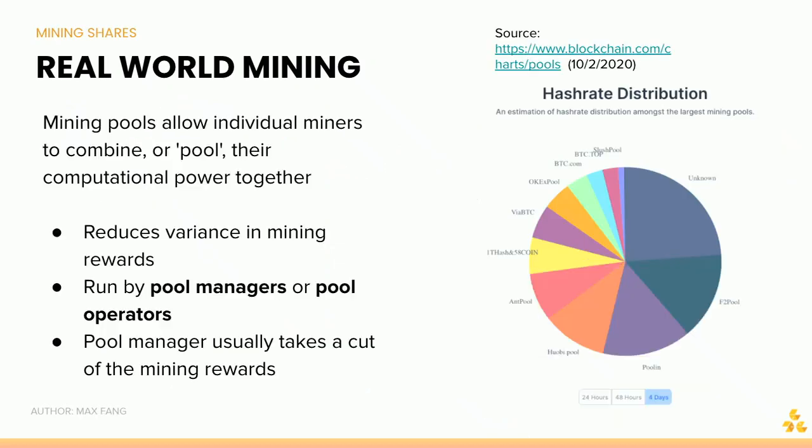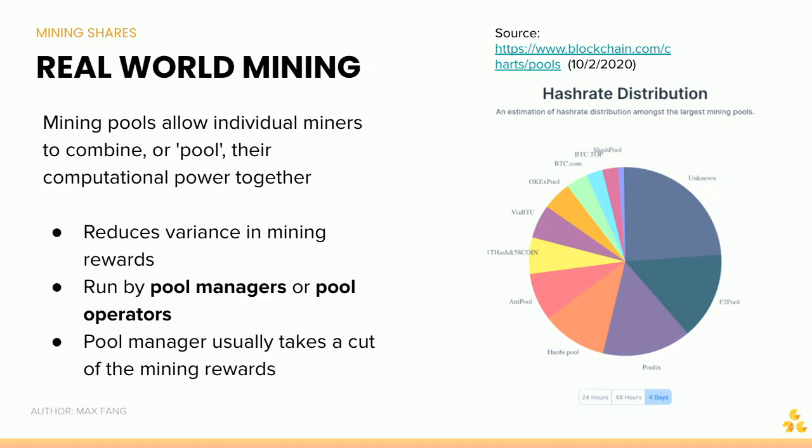If you are an individual in this classroom today and you want to get involved with mining, you'll probably do some research and realize it's really not profitable to go out on your own, buy an ASIC, start mining Bitcoin and just hope you get lucky. So people pool together in mining pools, which allow individual miners to combine their computational power and actually stand a chance at finding a Bitcoin, then distribute it amongst the pool.